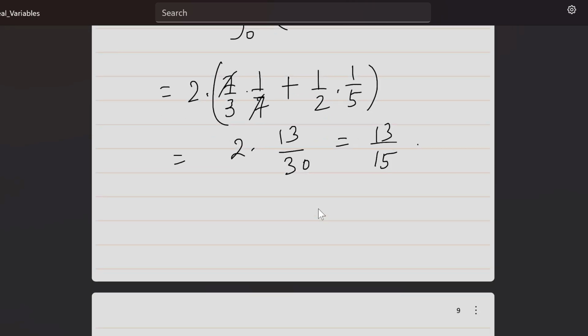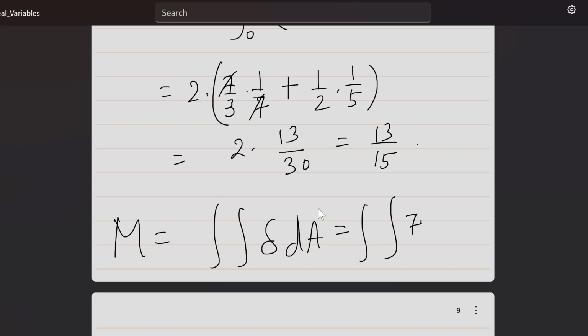And what is capital M? It is the integral of delta dA. So it is the integral of delta, 7y plus 1, into dy dx, where y runs from 0 to x square and x runs from -1 to 1.